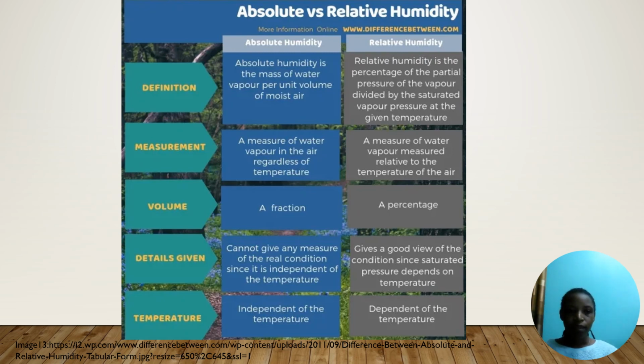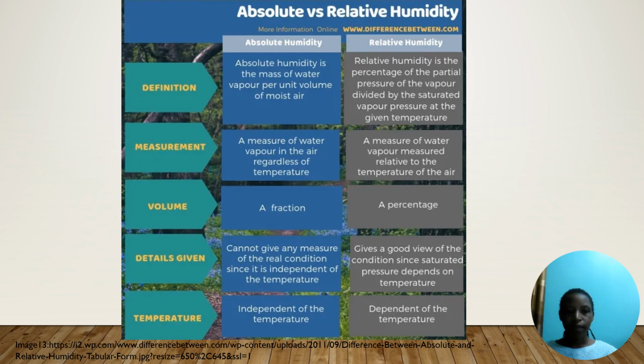Let's start with their difference in the form of definitions. Absolute humidity is the mass of water vapor per unit volume of moist air, while relative humidity is a percentage of the partial pressure of the water vapor divided by the saturated vapor pressure at the given temperature. This is the first difference between both types.